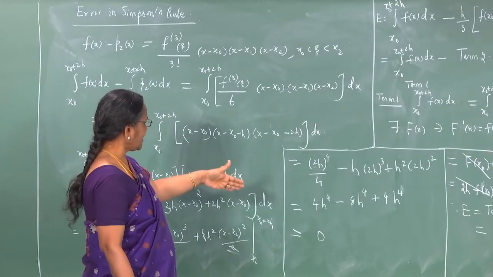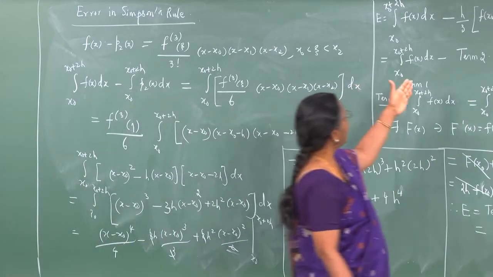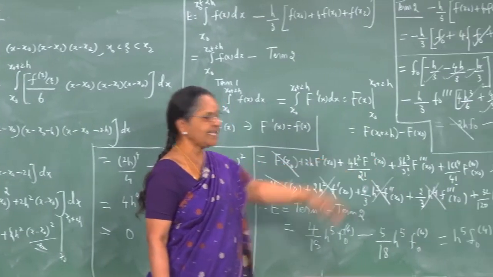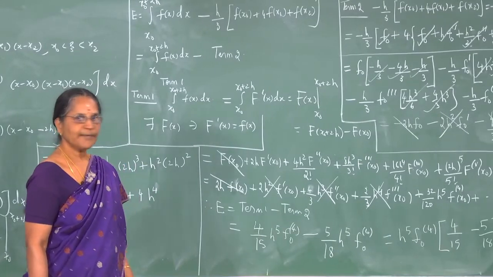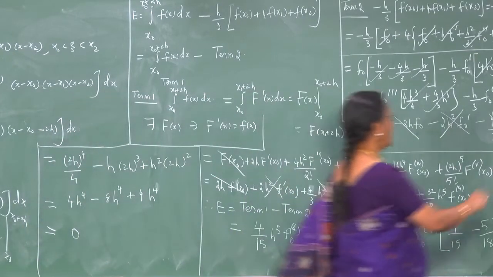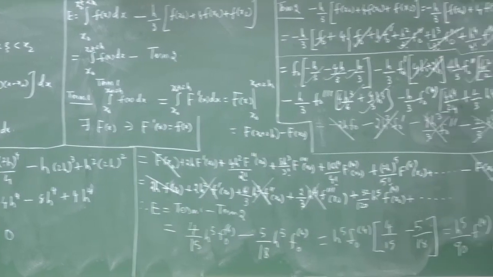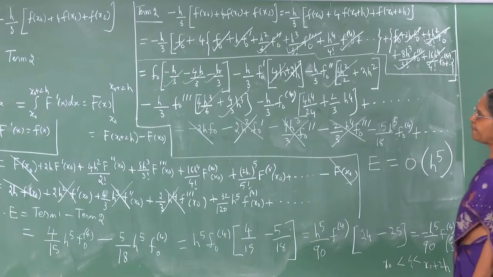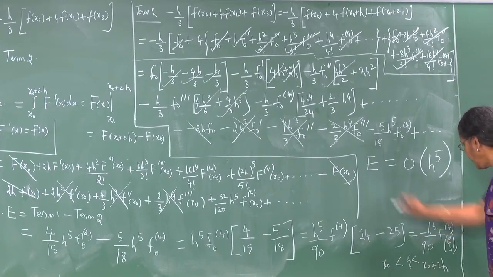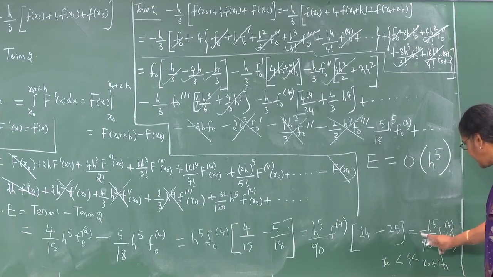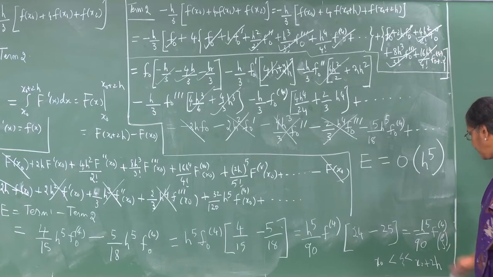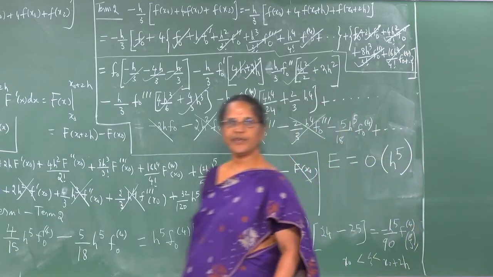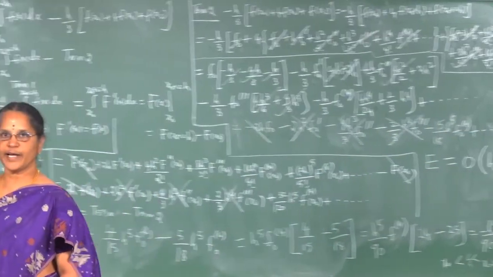We infer that the error in interpolation is such that the method is exact for polynomials of degree up to 3, and the error is of order of h to the power of 5. And the expression for the error in Simpson's rule is this, namely minus h power 5 by 90 into the fourth derivative at psi, where psi lies between x naught and x naught plus 2h.